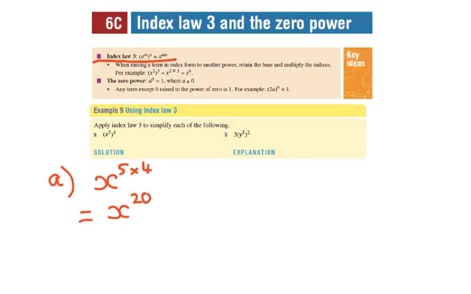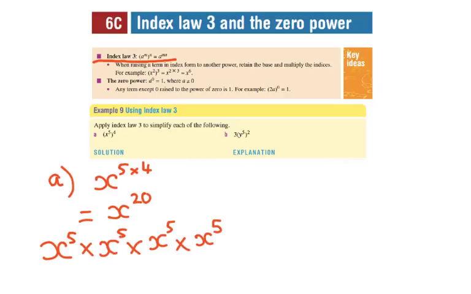So why does this happen? Well, with the indice on the outside of the bracket, it's saying that x to the power of 5 will be multiplying itself 4 times. So if I was to write it out the long way, it would look like x to the power of 5 times x to the power of 5 times x to the power of 5 times x to the power of 5.